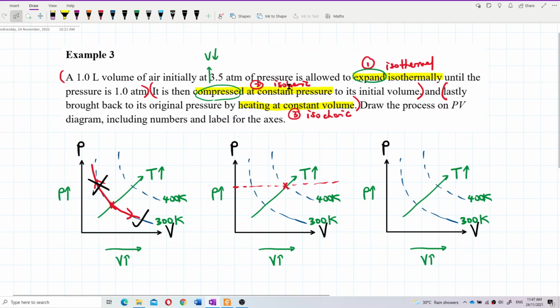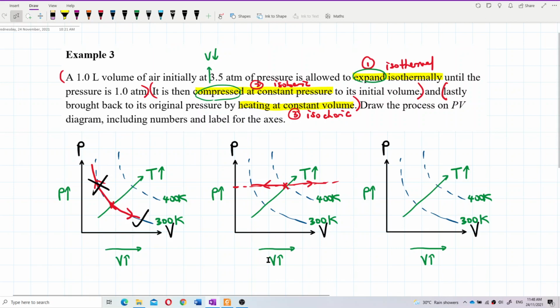So for an isobaric process, constant pressure, the graph can actually go to the right or go to the left. But then he said compress at constant pressure, so compress is a volume decrease. Look at the axis.